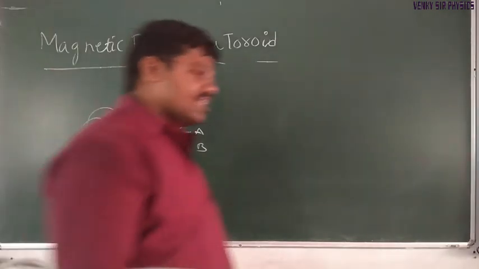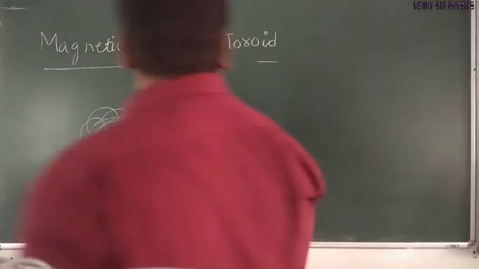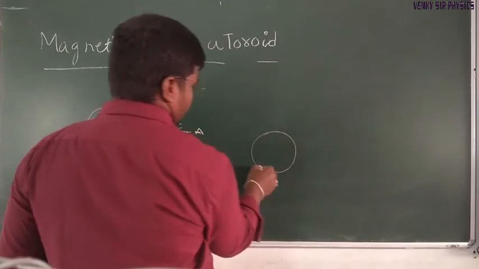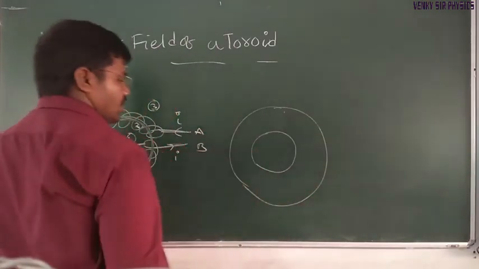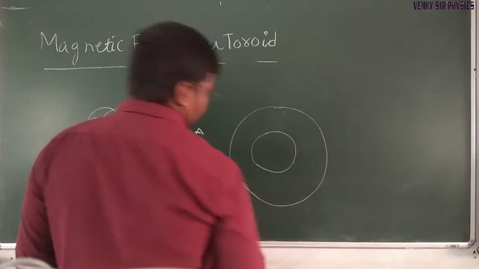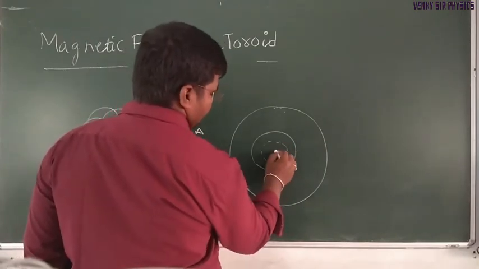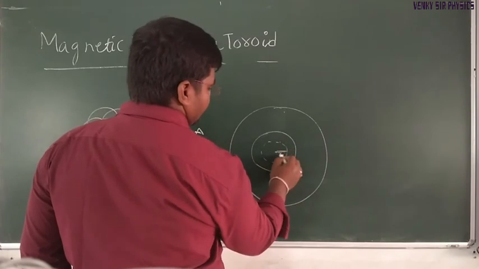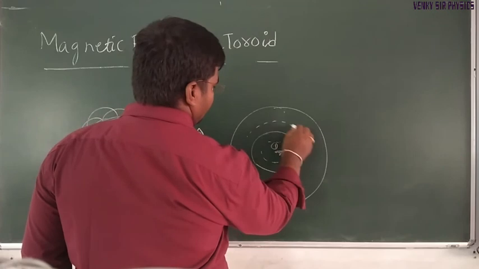So consider a small diagram. Say this is the toroid. Inside this is one Ampere loop, with radius R1. The second one is inside the toroid.